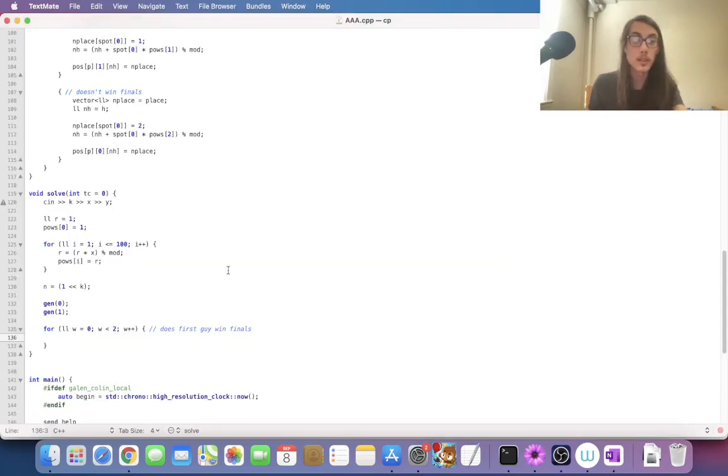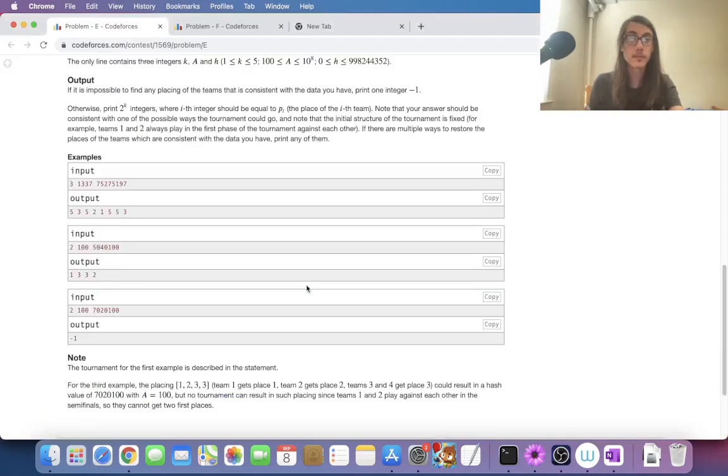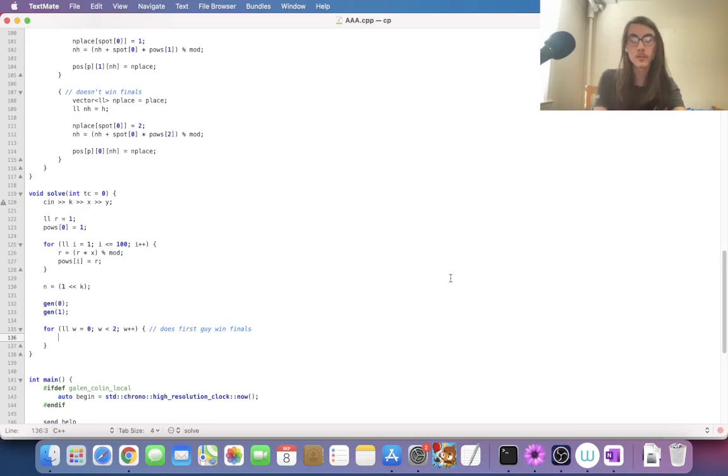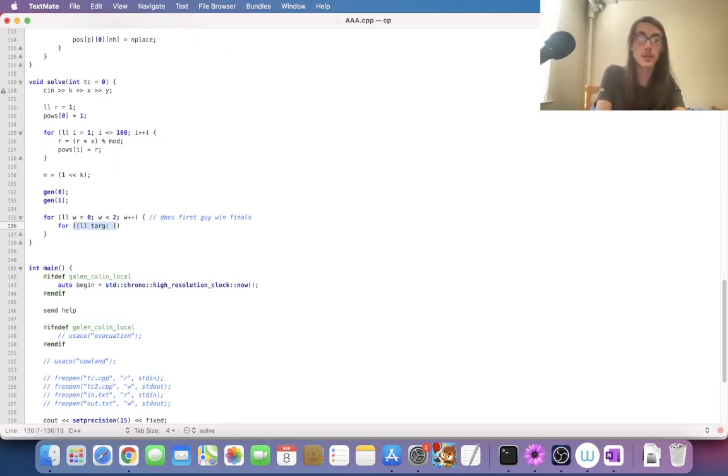And then we're going to iterate over this map. So for a pair of long longs and vectors of long longs, and then this should be pos 0, and then wins.